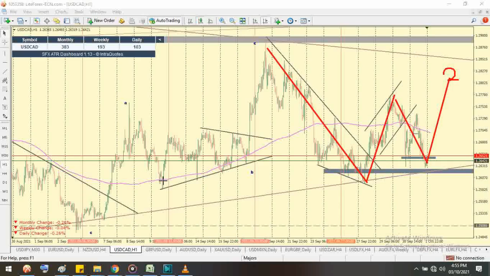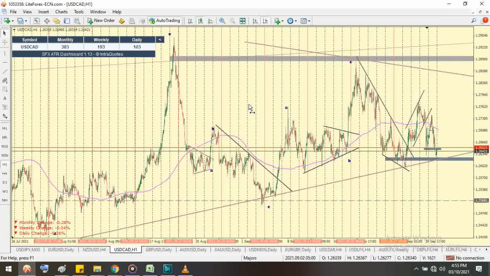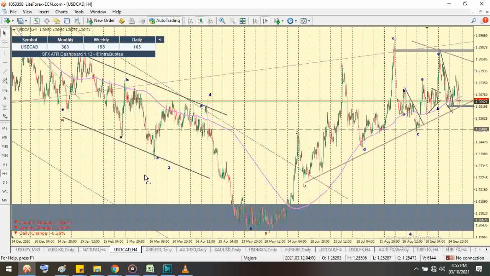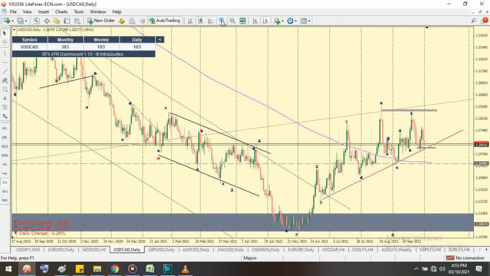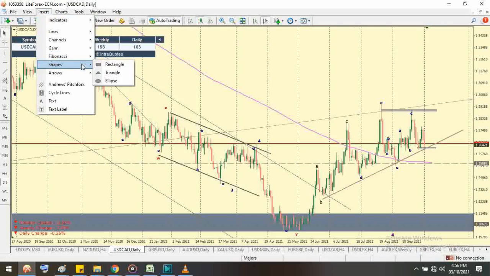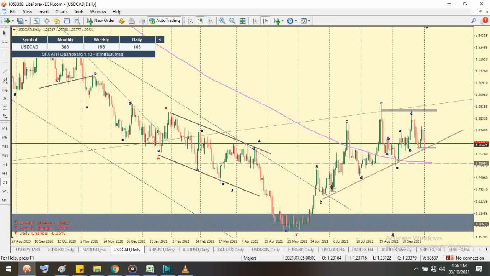However, I'm looking at price not going too far. So I'm going to put this up and show you possible levels where I expect price to drop into before the market will start doing something different.